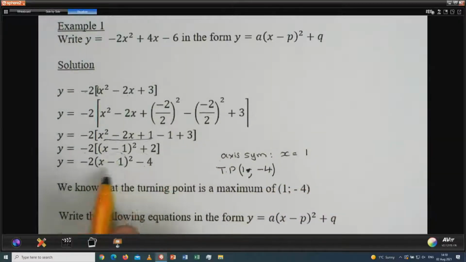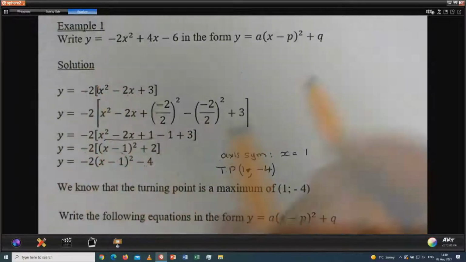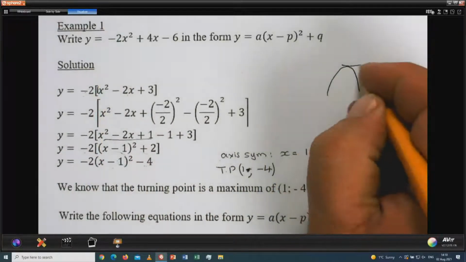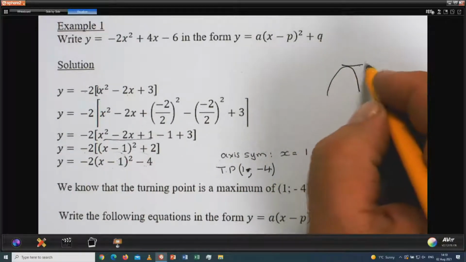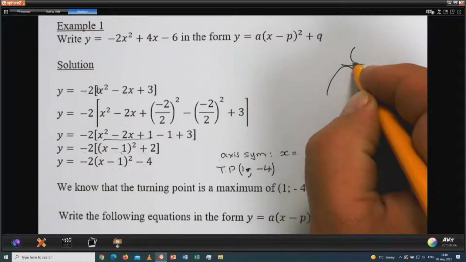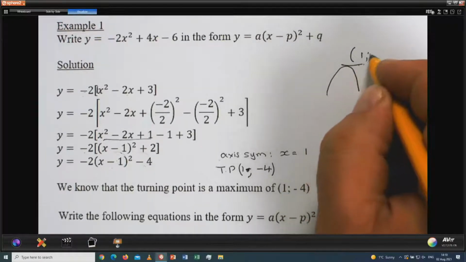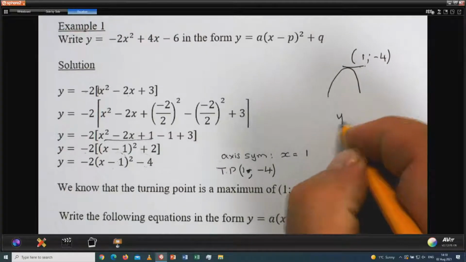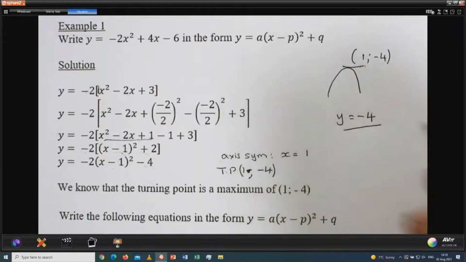So your axis of symmetry is 1, your turning point is negative 4. So what do you know? Because the a value is negative, it's a maximum value, and the maximum value is the y-coordinate of the turning point. If the turning point is (1, negative 4), then y equal to negative 4 is your maximum value.